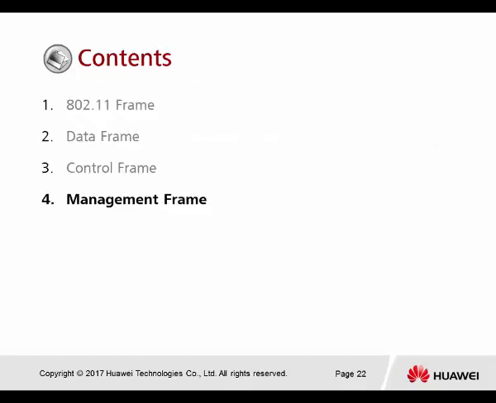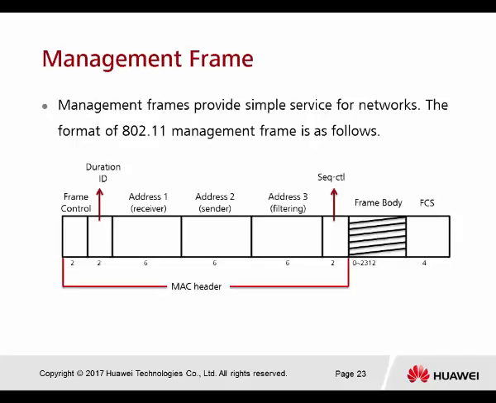And the last one here is the management frame. The management frame provides a simple service for the network. The format of the 802.11 management frame is as below. Nothing much different, it's the same. They also have 2 bytes for the frame control. Duration ID is 2 bytes. 4 addresses.